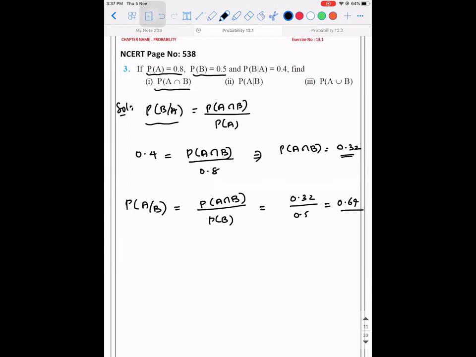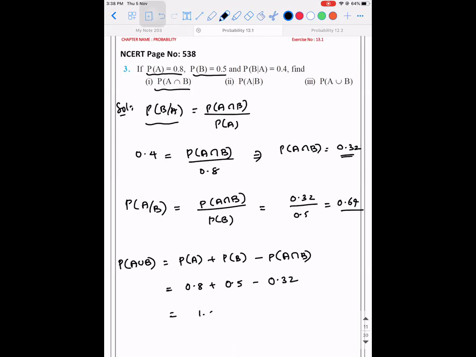It will be 0.64. So what is the probability of A union B, guys? So we know that probability of A union B is equal to probability of A plus probability of B minus probability of A intersection B. It is the addition theorem of probability. So what is probability of A? It is 0.8 plus probability of B is 0.5 minus probability of A intersection B, that is 0.32.